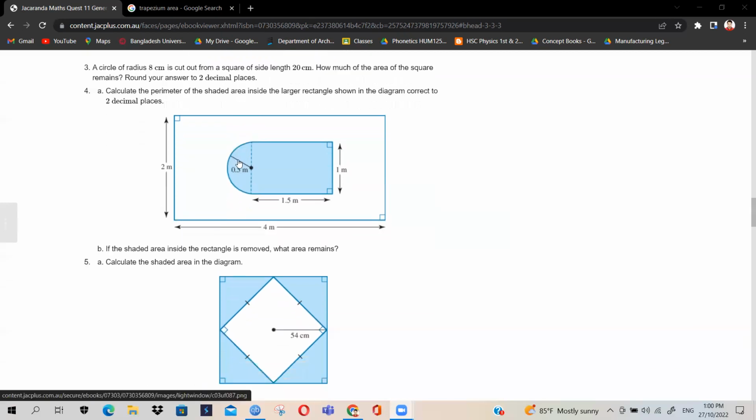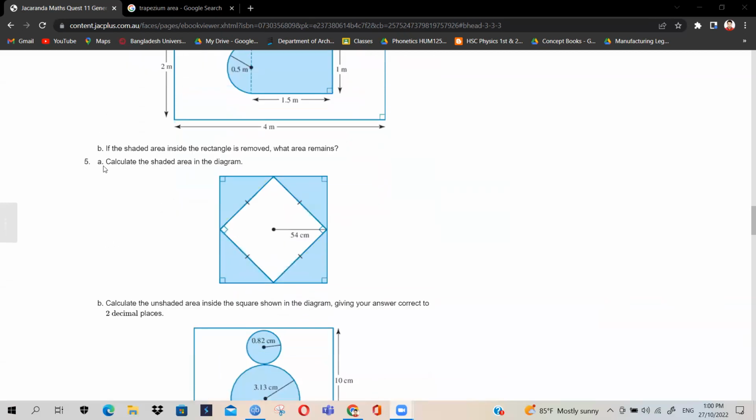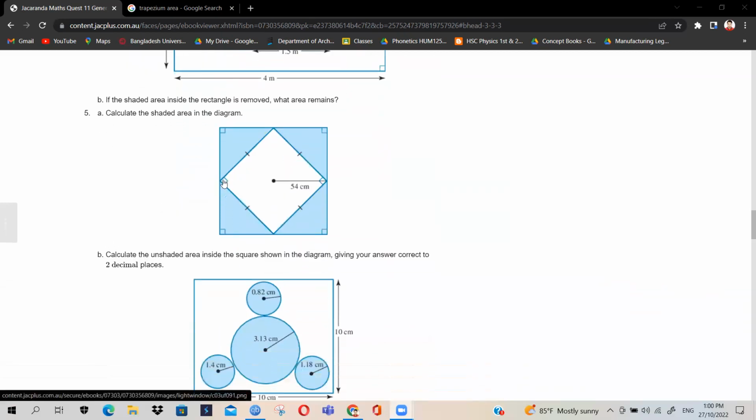All right. Now next up, calculate the shaded area in the diagram. So yes, that is all the information given. So that is 54 centimeters from the center. Okay. So what would you do? Tell me.